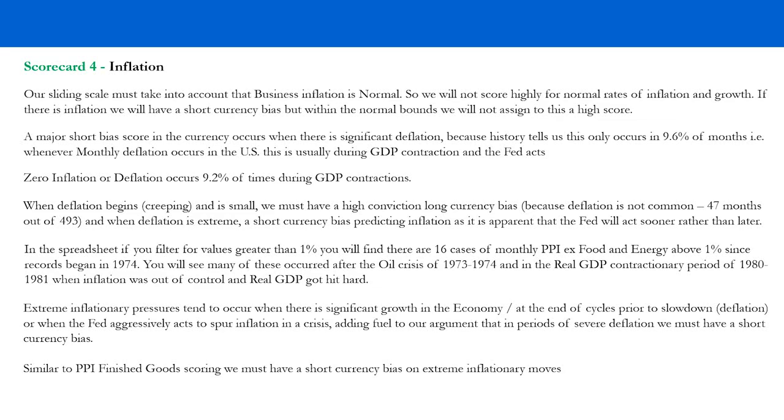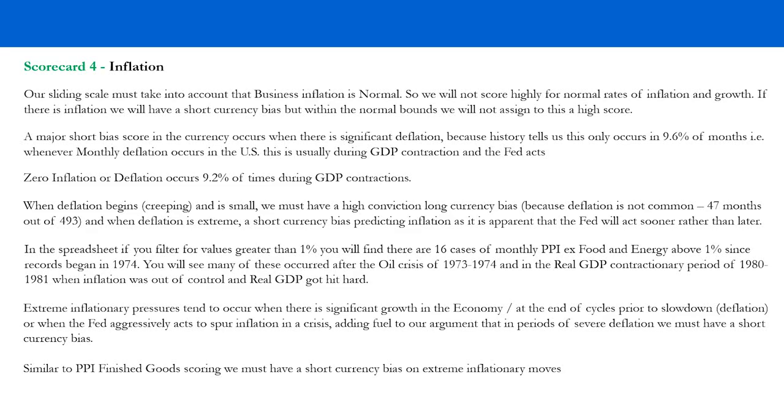So we won't be scoring highly for normal rates of inflation and growth. If there is inflation, we will have a short currency bias, but if it's within the normal bounds of inflation, as evidenced by the historical data, again, we're not going to assign a high score to normal levels of inflation. Now, a major short bias score in the currency will occur again when there's significant deflation.